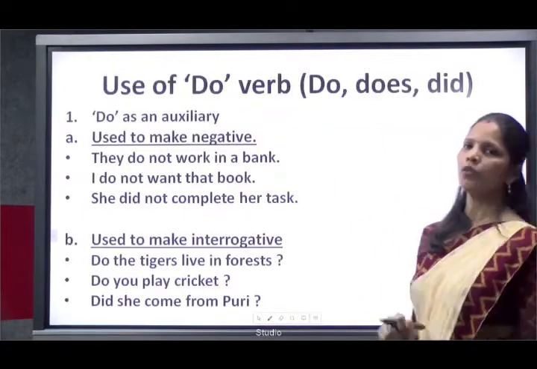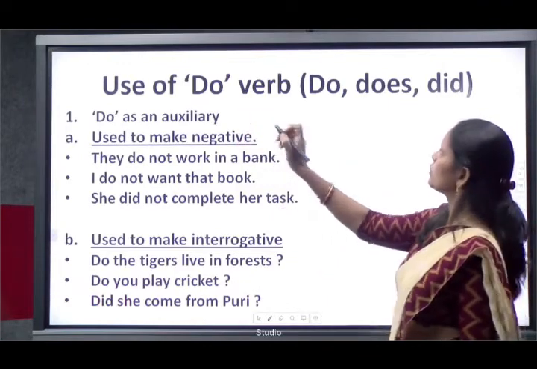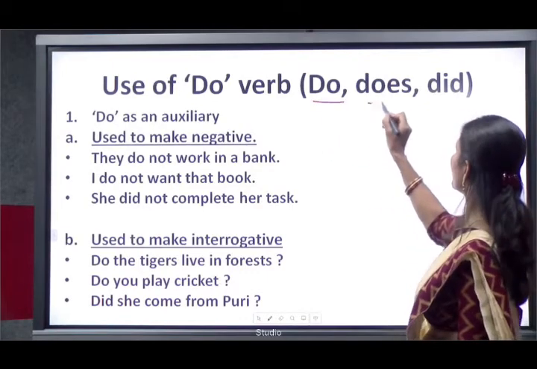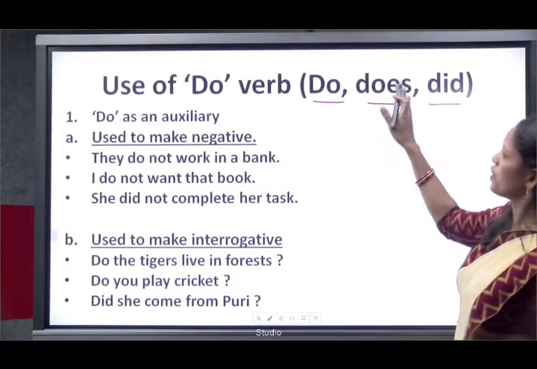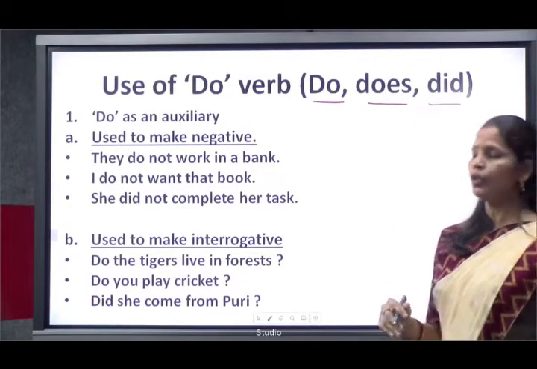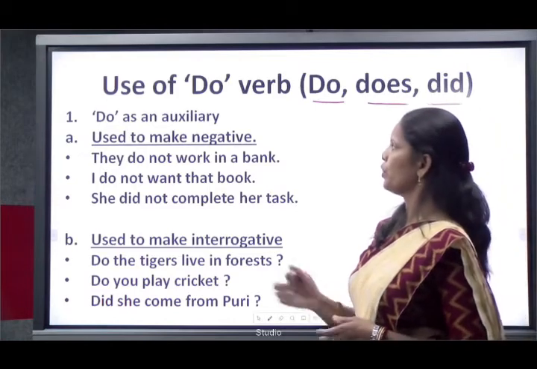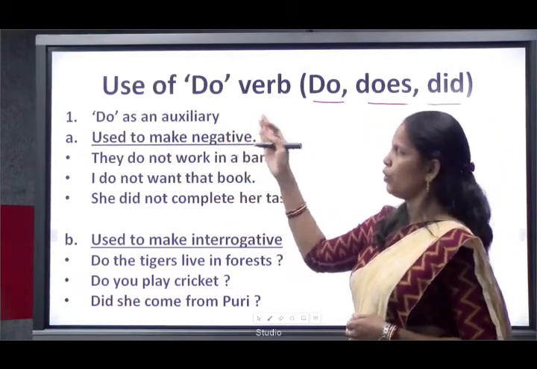Then, let's see how we can use the do verb. The forms of the do verb are do, does, did. The do verb auxiliary forms are do, does, did. So, how can we use the do verb as an auxiliary? To make the sentence negative.